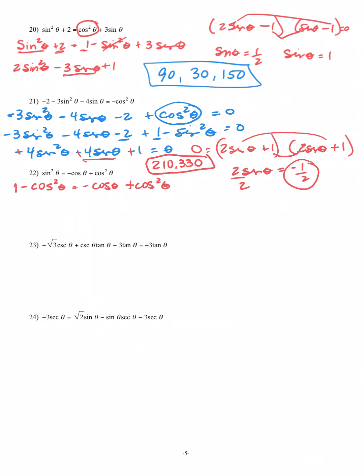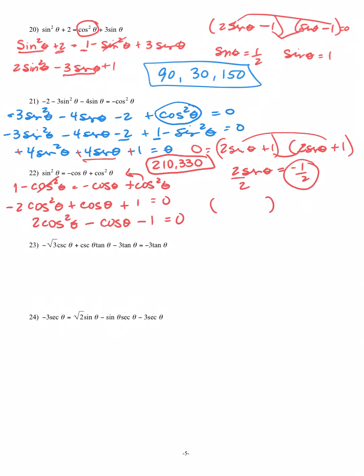It would be negative 2 cosine squared of theta, because he's there and he's going to cross the bridge and turn negative, and then positive cosine of theta, and then positive 1. But we don't like our cosine squared to be negative, so we're going to change all of those signs. And it's going to be 2 cosine squared of theta minus cosine of theta minus 1 equals 0.